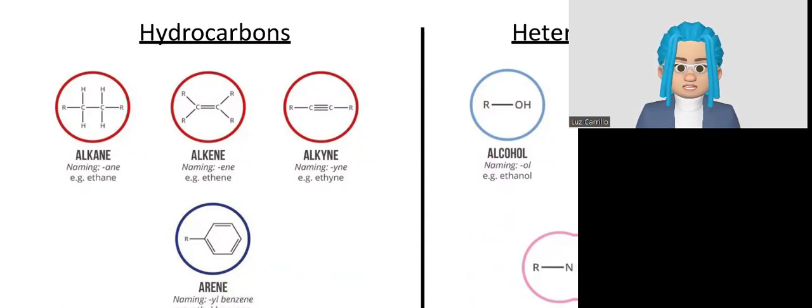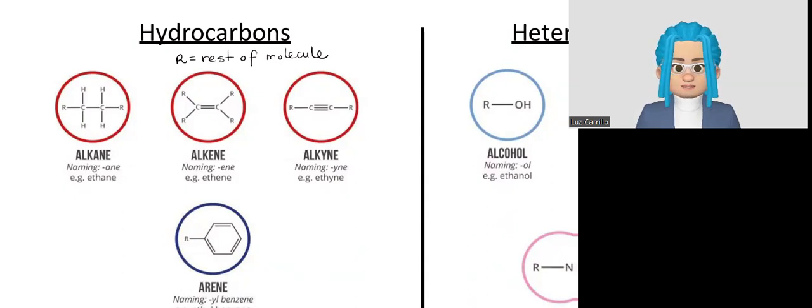The next member of the hydrocarbon family is going to be a carbon-carbon double bond. You may observe that sometimes when it comes to organic compounds, we have an R. R stands for rest of molecule. And that may represent hydrogen or it may represent a carbon chain.